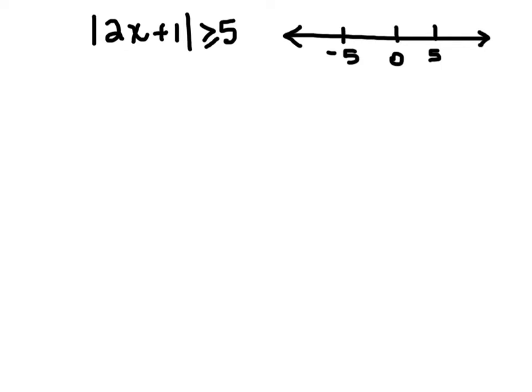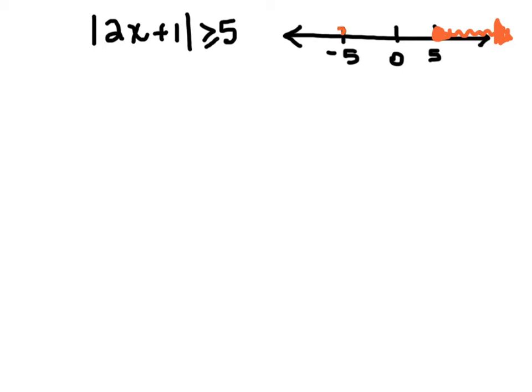Now, all an inequality means is that I don't have an equal sign. I have something that's greater than or equal to. So this is saying this distance from 0 has to be greater than or equal to 5. So if I were to think about that, all of these numbers, the distance is greater than or equal to 5.